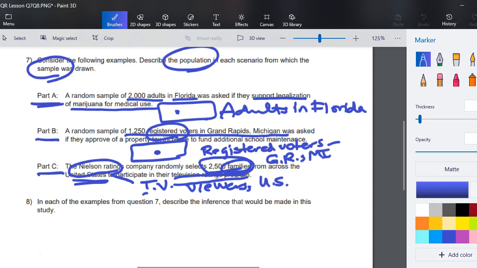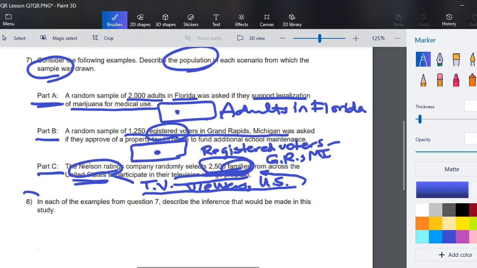So it is enough to say it's the TV viewers in the United States, but in your opinion, if you want to include that it's a family or not, the TV viewers in the United States captures it all, but you decide what argument or statement you want to make about what you really believe the population is.